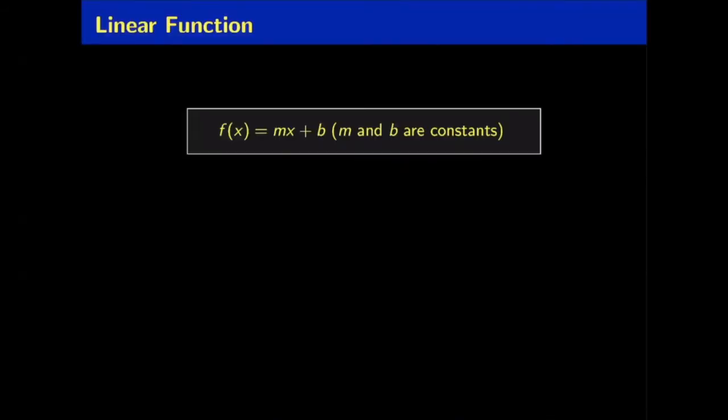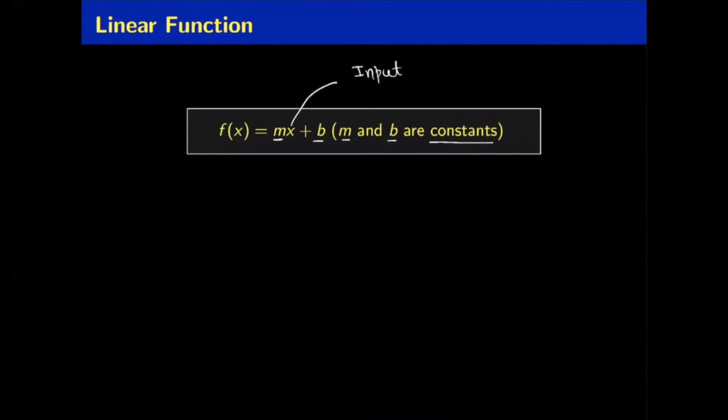What is a linear function? A linear function can be written as f of x is equal to mx plus b, where m and b are both constants, and x is the input variable, or independent variable.